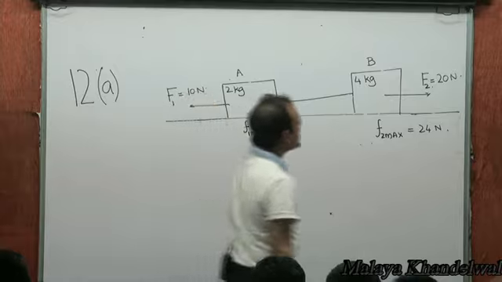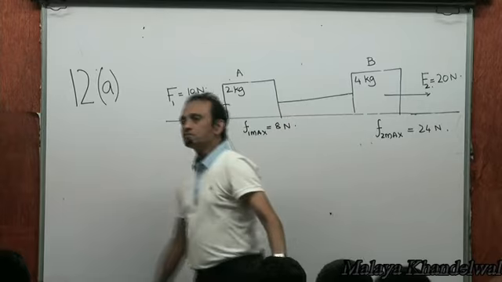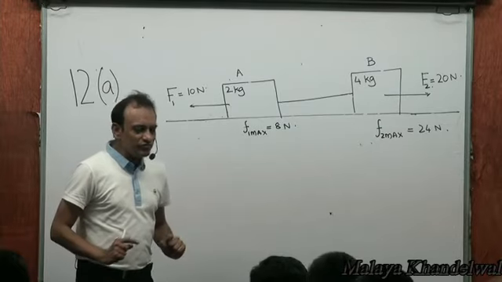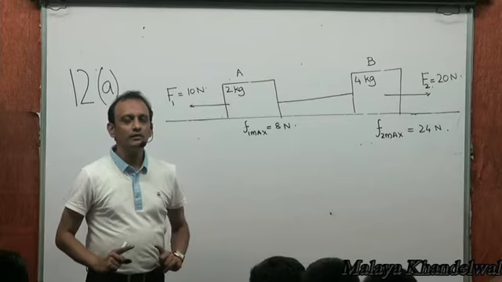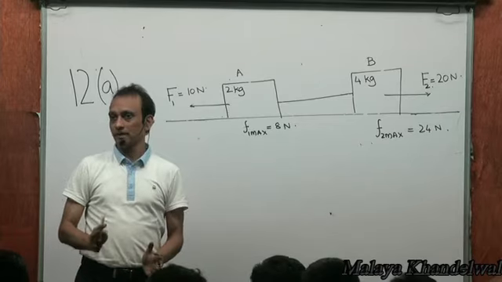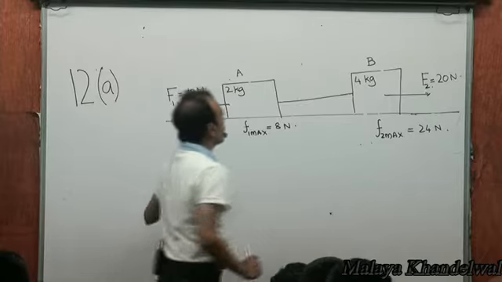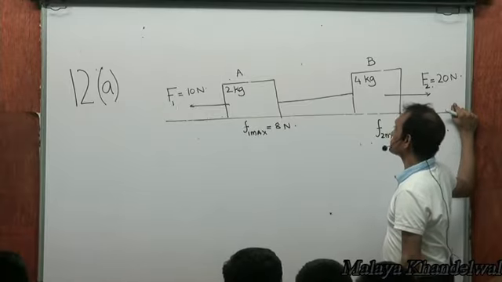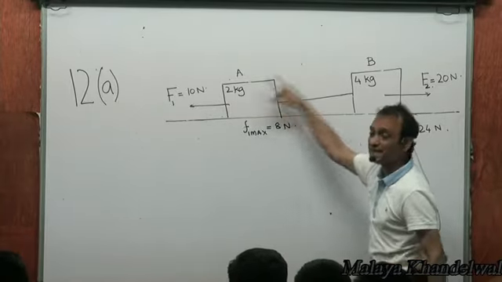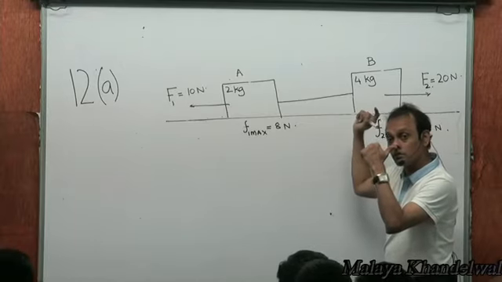Now, in a situation of this kind, look at a free body diagram comprising A, B and the string, the entire thing. What is the net force to the right? 20 newtons, 10 newtons, 20 minus 10, 10 newtons on the system of A and B to the right.